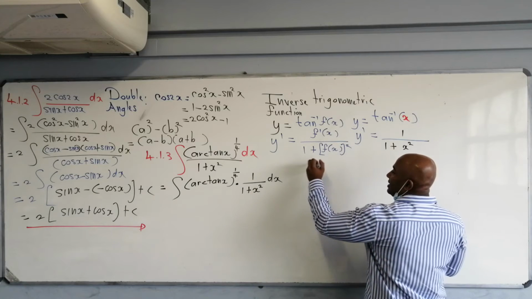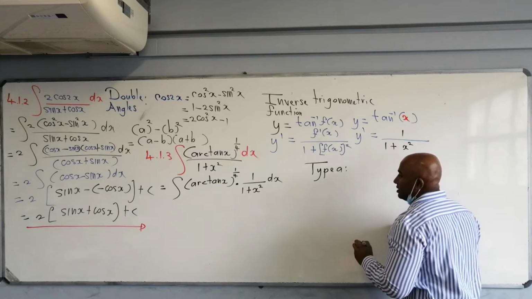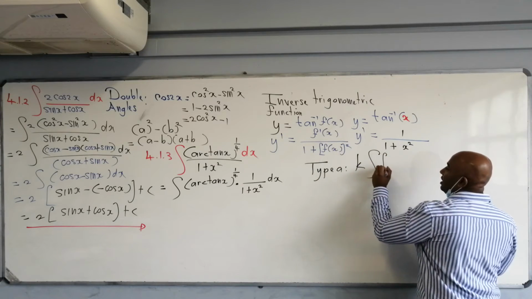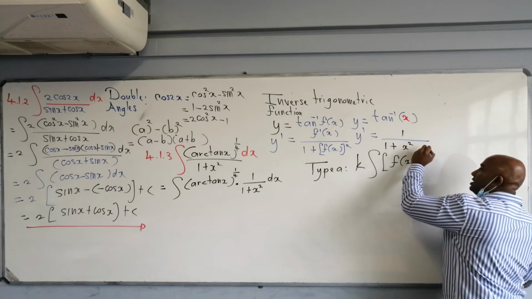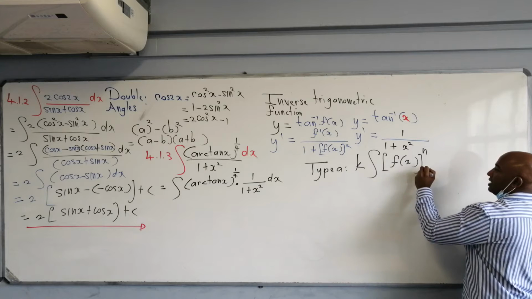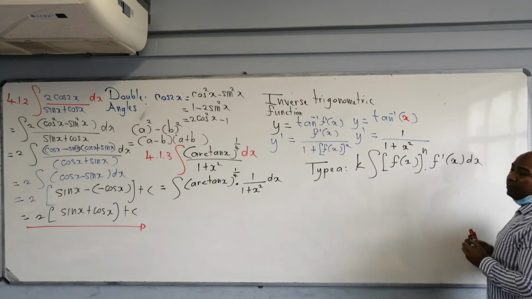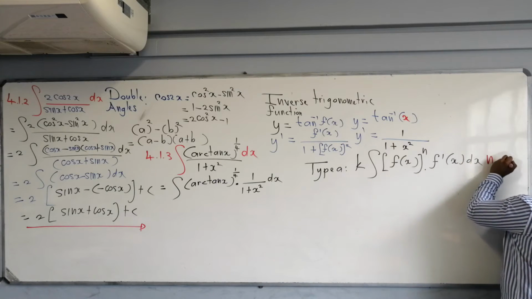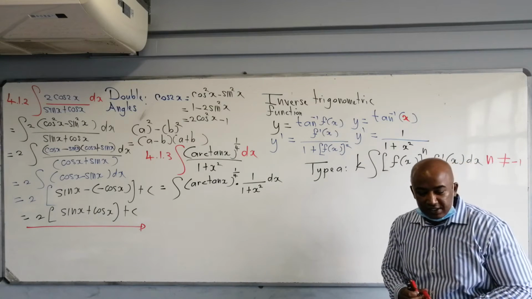We go back. This is what I call type A, where you are integrating a function of x raised to whatever power it is, multiplied by the exact derivative, which is f prime x. So here n must not equal minus 1. This is how the formula works.